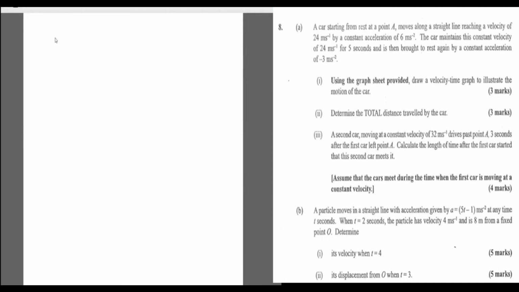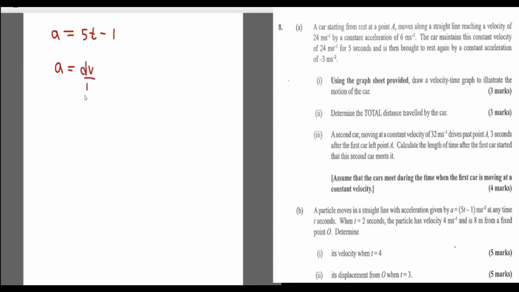They told us acceleration is equal to 5t minus 1, right? Now, in order to get the velocity, remember that acceleration is the differential of the velocity, so acceleration is dv by dt.